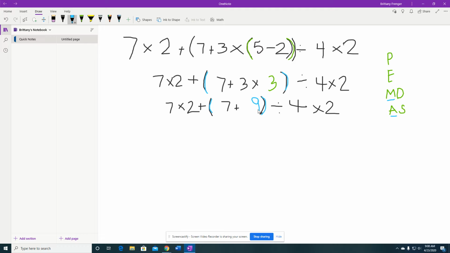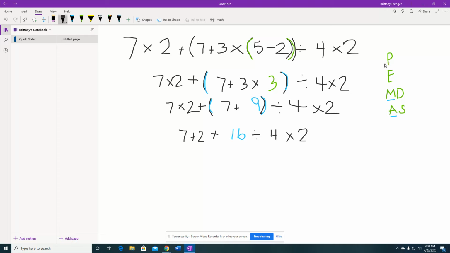So 7 plus 9 is 16. And now I'm bringing down everything else. I finished my parentheses, so I'm not going to bring my parentheses down again because now it's just my operations that I'm left with. Okay.